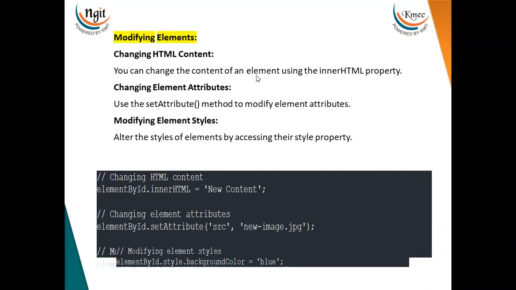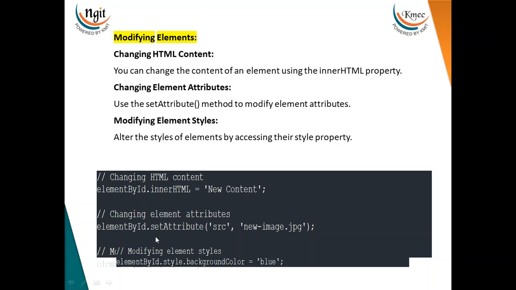Modifying elements: if we want to change the HTML content, we can do so using the innerHTML property. Here is an example of how we make use of innerHTML: element by id dot innerHTML equals, and we can give the new content. Changing element attributes uses the setAttribute method to modify the element attributes.